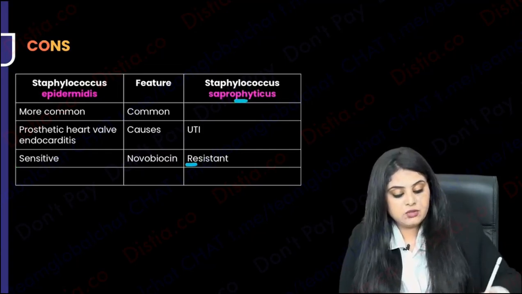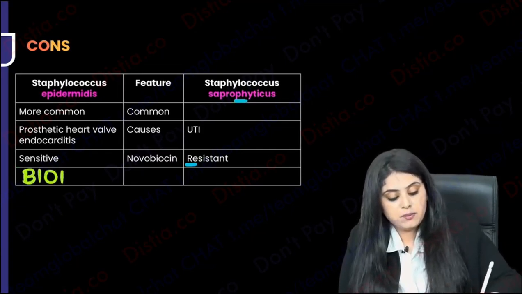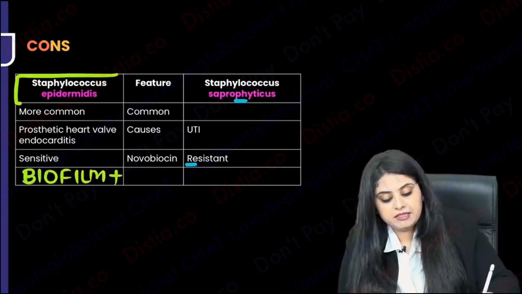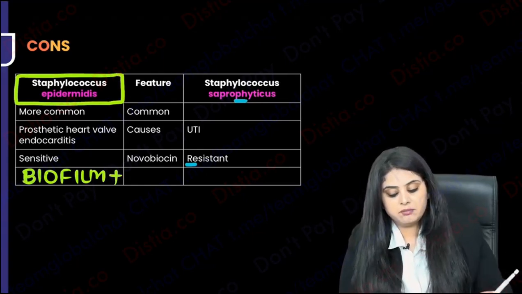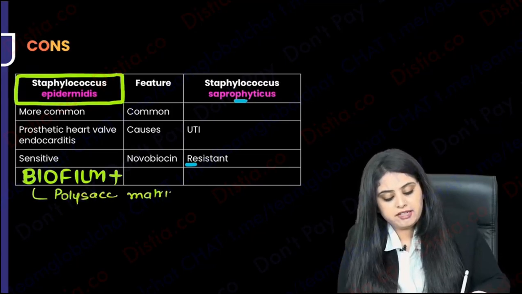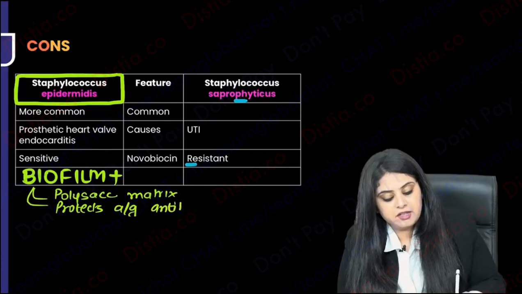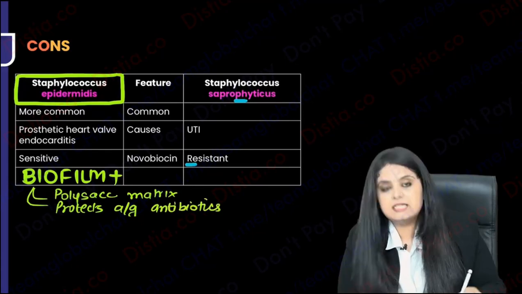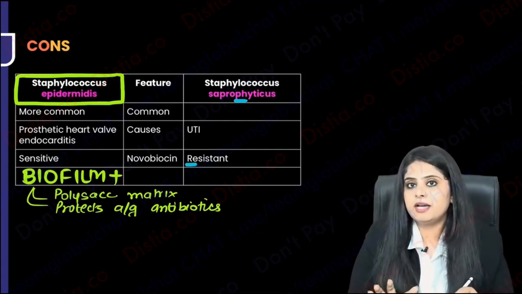But now I will tell you which of them can show biofilm production, that is staph epidermidis. And listen to me very carefully. What is biofilm? Biofilm is nothing but a polysaccharide matrix, and it basically protects the bacteria against antibacterial drugs or antibiotics. So any bacteria that has it does not always make a biofilm.